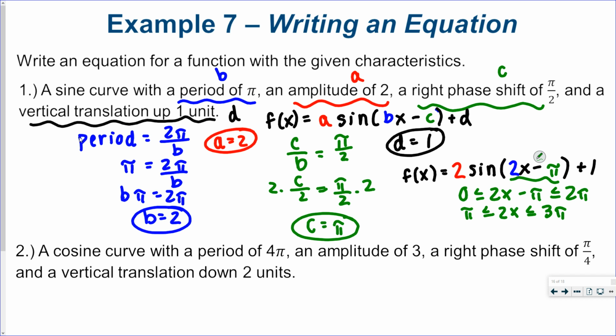So I would divide by 2. Oh, I see. Now I'm starting at pi over 2. There's your phase shift. So you can't just take whatever this is. If there is a b, again, we're working backwards, we're trying to get to there. If there's a b, you have to factor that in. Kind of make sense? We're going to do one more.